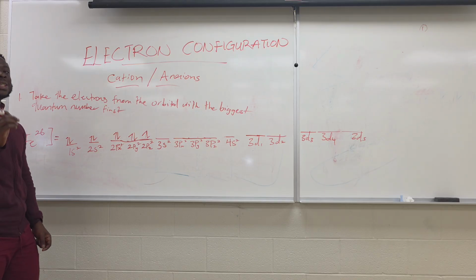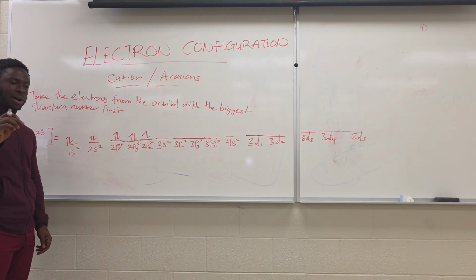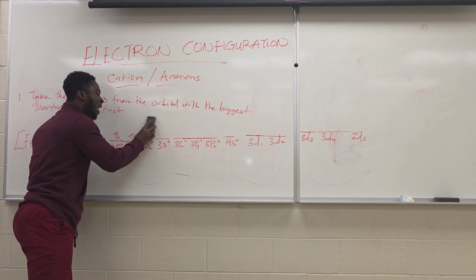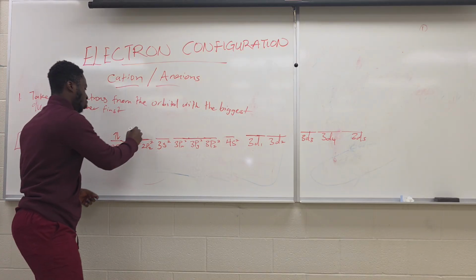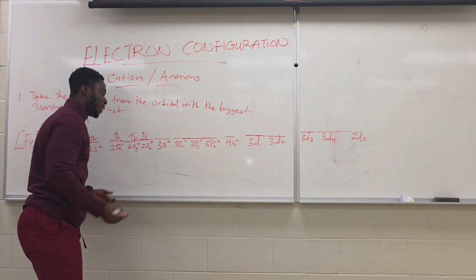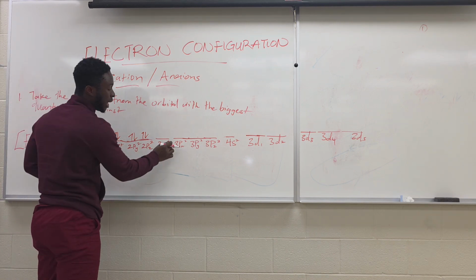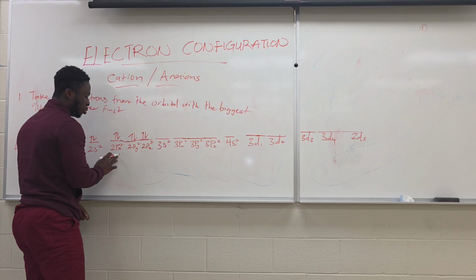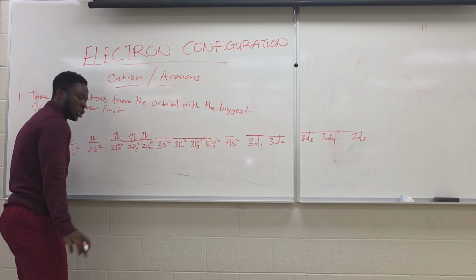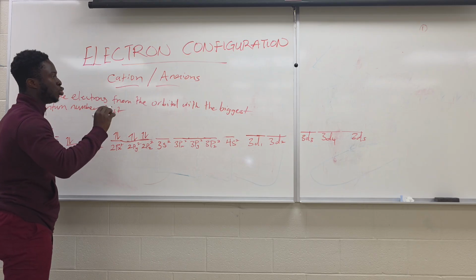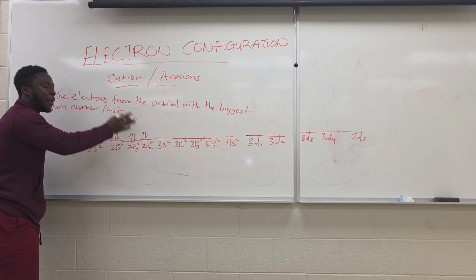Now we said that degenerate orbitals have the same energy level. 2px is of a different energy level than 3p, because this is the second quantum number and this is the third quantum number. They should be the same for Hund's rule of maximum multiplicity to apply.